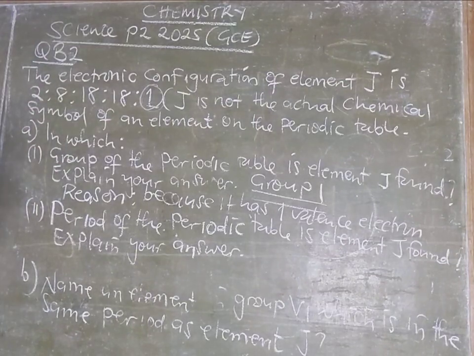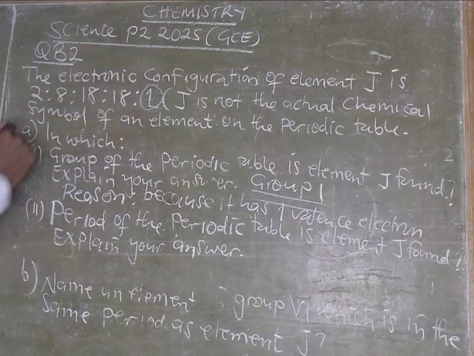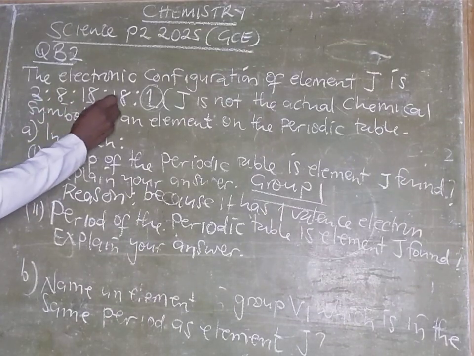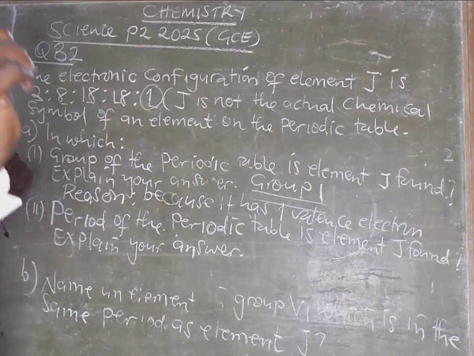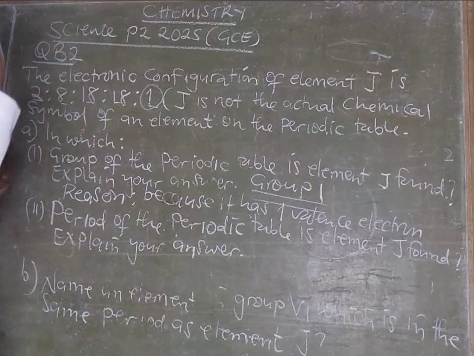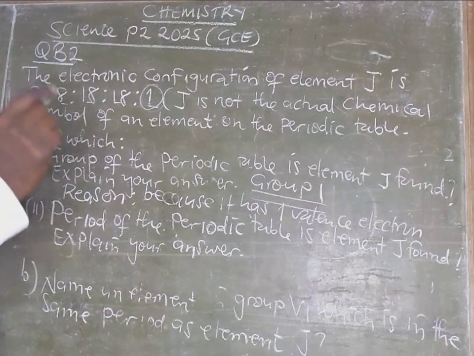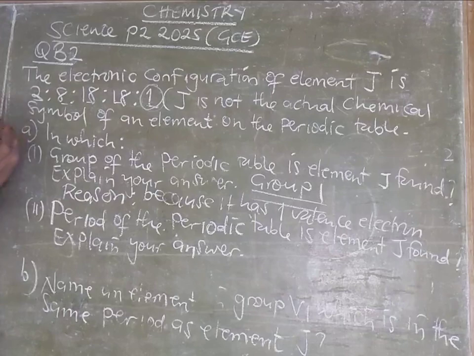In this case, element J has how many shells? We have 1, 2, 3, 4, 5. 5 shells. So the period number of any element on the periodic table is determined by the number of shells an element has. So in this case, it has 5 shells.